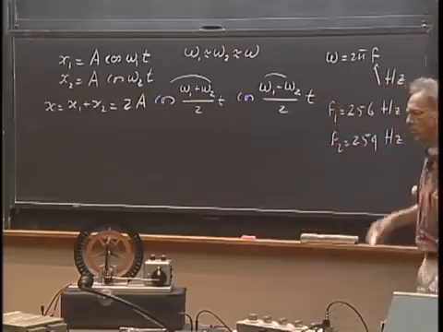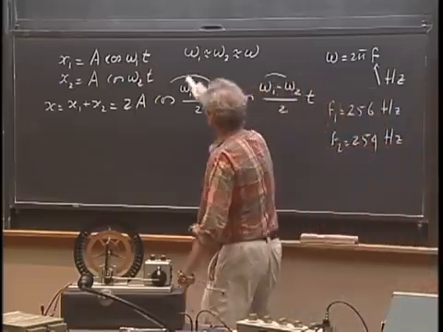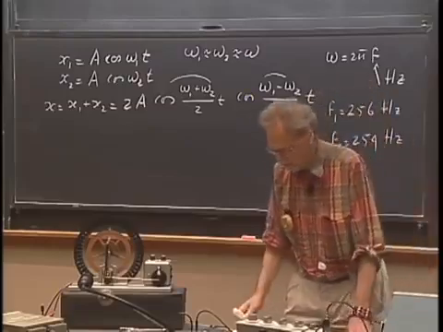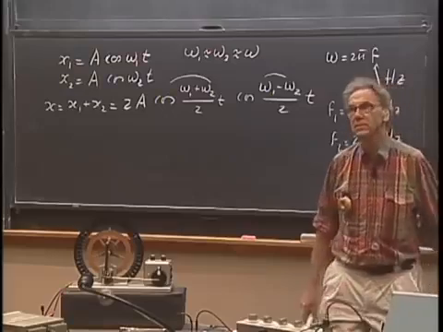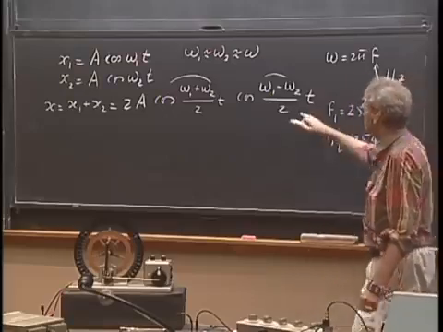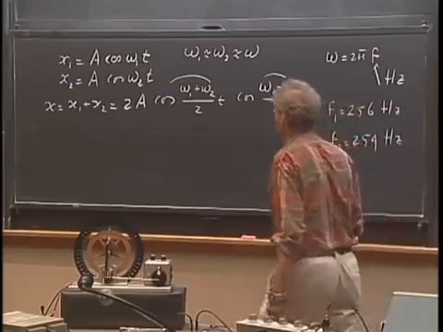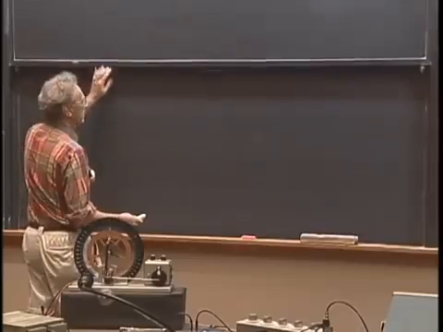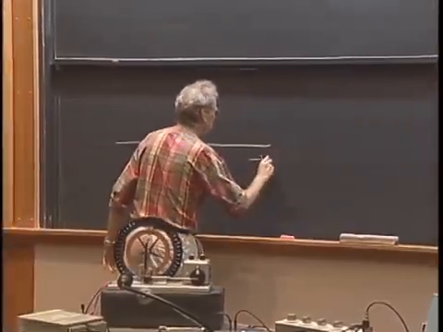If you take these numbers now as a working example, then the period of this oscillation is 1/256 of a second, but the period of this oscillation is 1 second, because it's the difference between the two divided by 2.